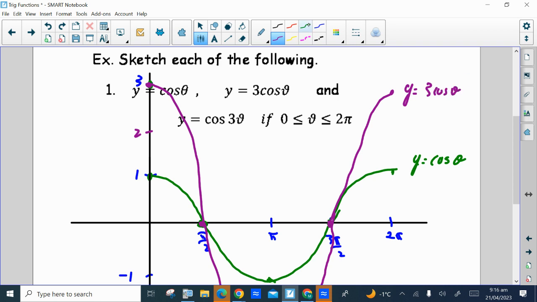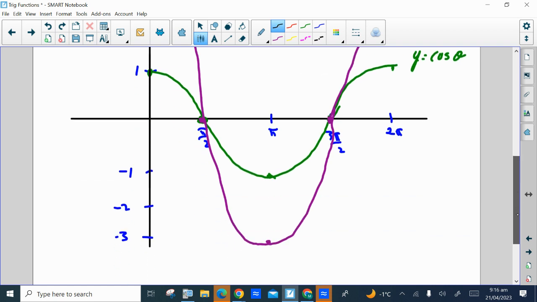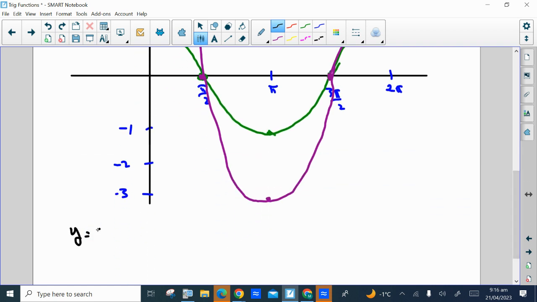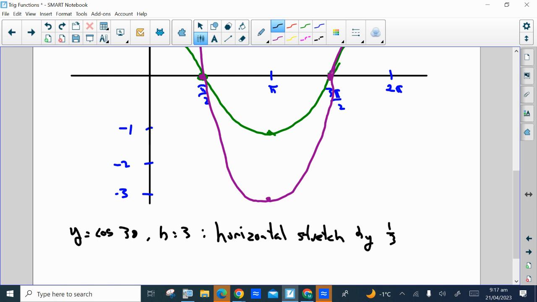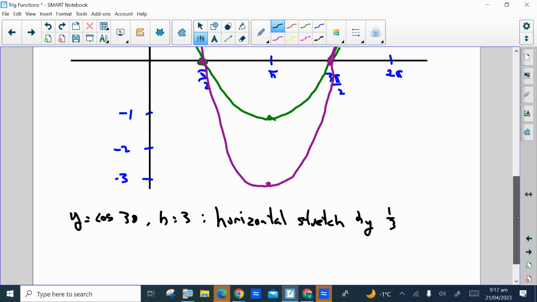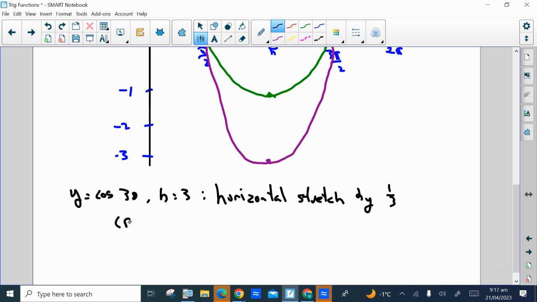And then finally for cos 3 theta, that is a b value of 3, which means a horizontal stretch by a third. So everything horizontally is stretched by a factor of 1/3. Instead of having critical points at every pi on 2, it's going to be 1/3 of that, which is every pi on 6.